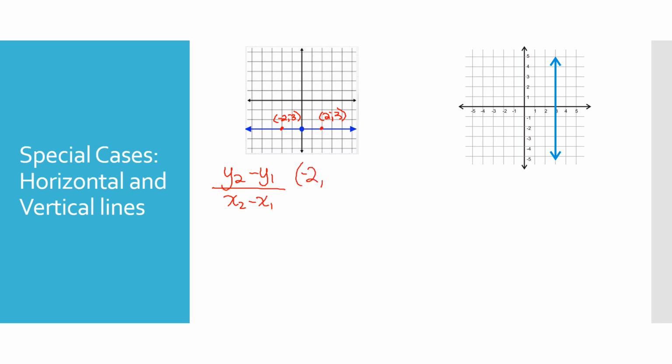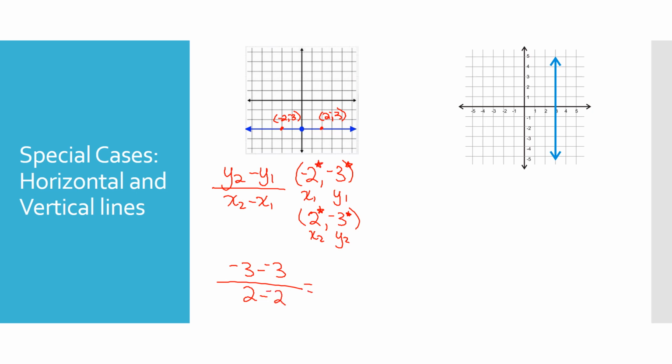So -2, -3, I'm going to say this is my x1 and my y1, and then my other point 2, comma -3 will be my x2 and my y2. Next step is to substitute them into my equation. So y2 right here is -3 minus my y1, which is -3, all over my x2, which is 2, minus my x1, which is -2.